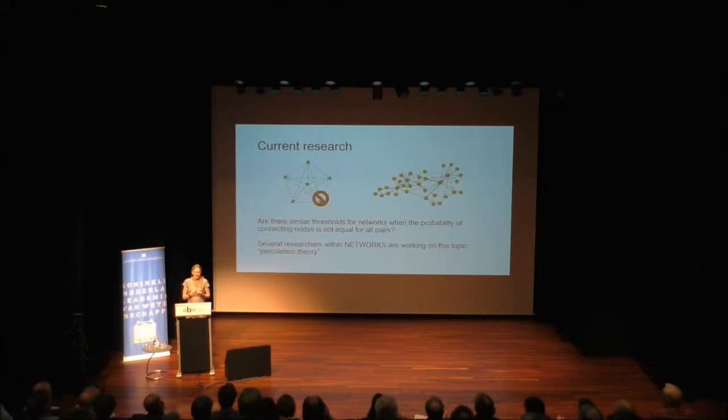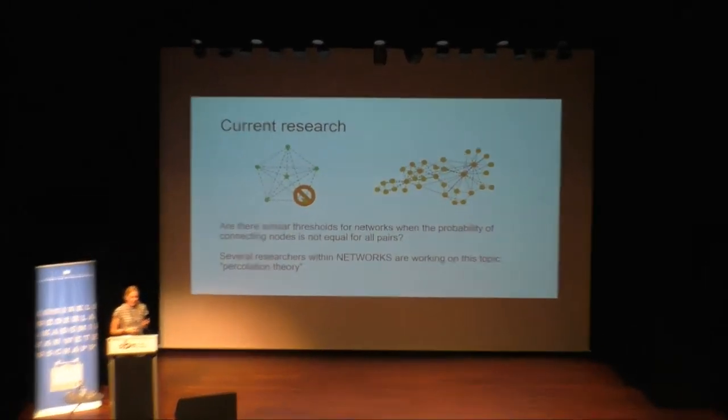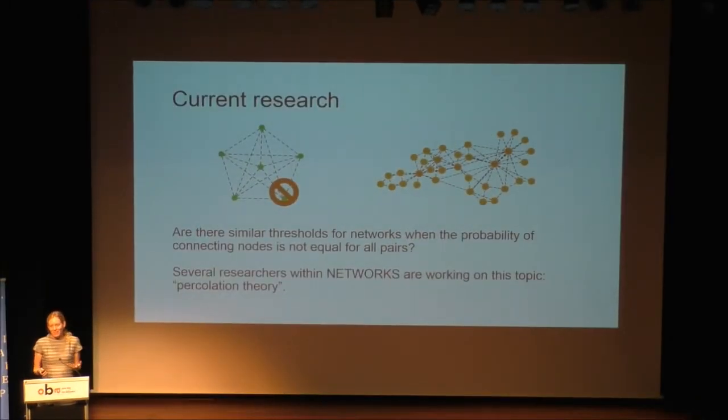However, as Nelly has told you before, real networks don't really look like that. And it's quite clear that the probability of passing on a disease is not equal for all pairs of people. For instance, we see our family, our friends, and our colleagues much more often than other people.